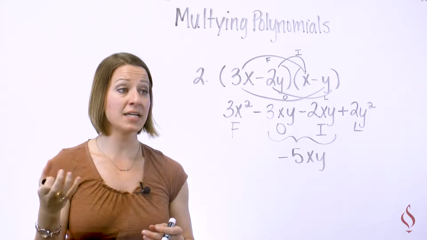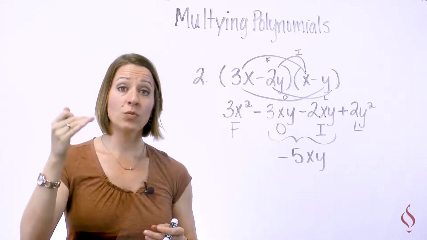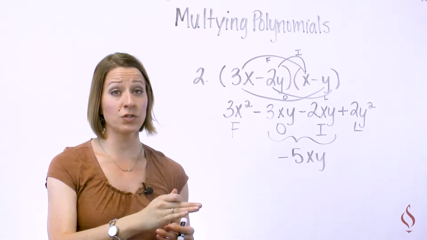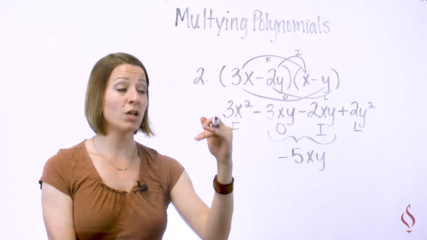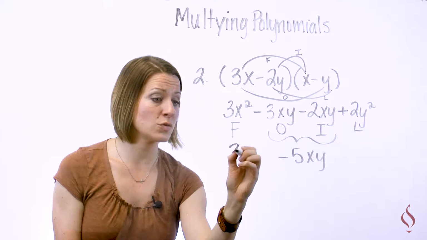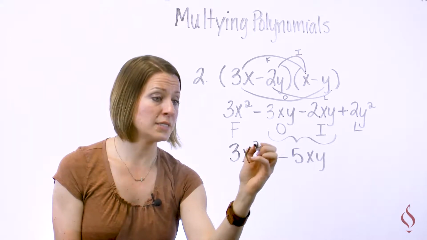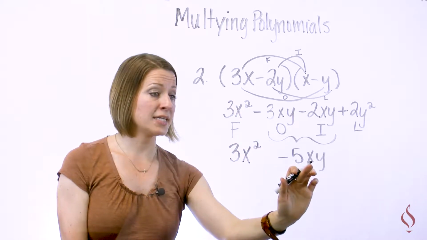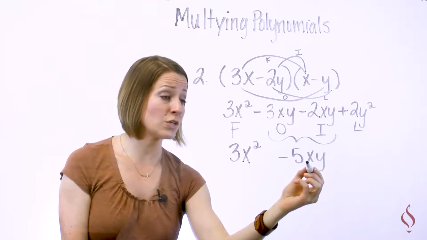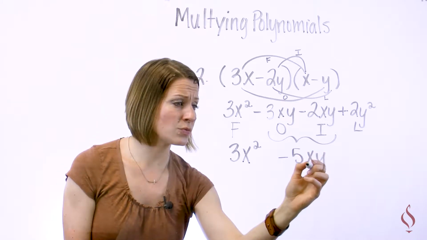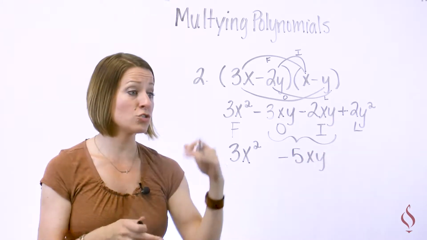So since the x comes first, we're going to put all of the x terms in descending order first, then we'll put all of the y in descending order. So this 3x squared is going to be the highest. The next highest is going to be this term, because even though it has a y, this x right here trumps the y.